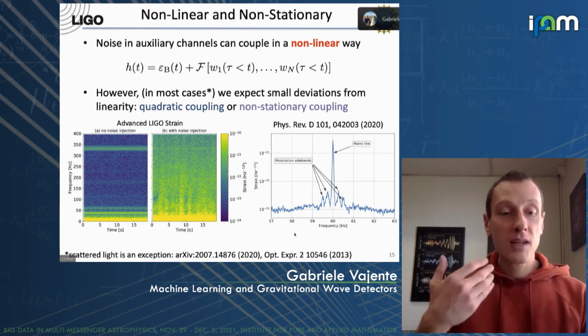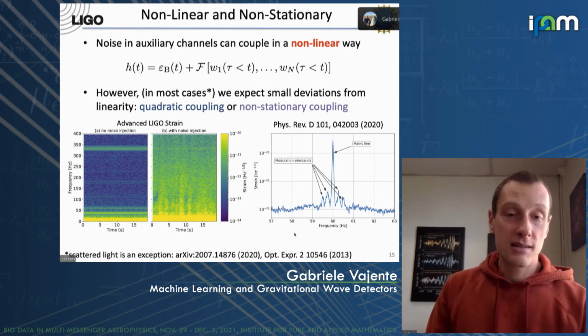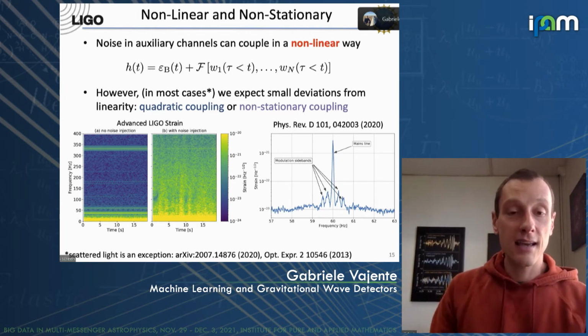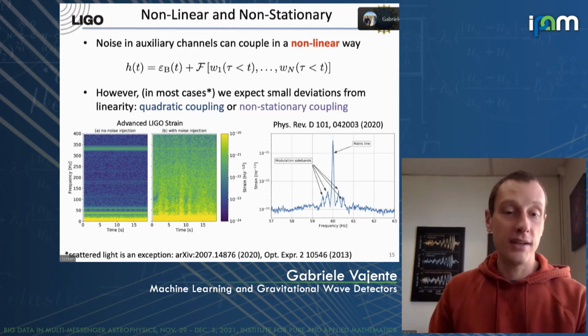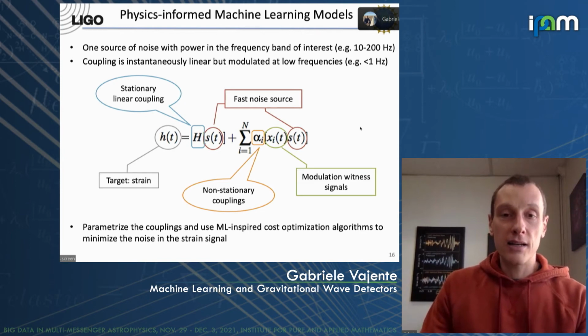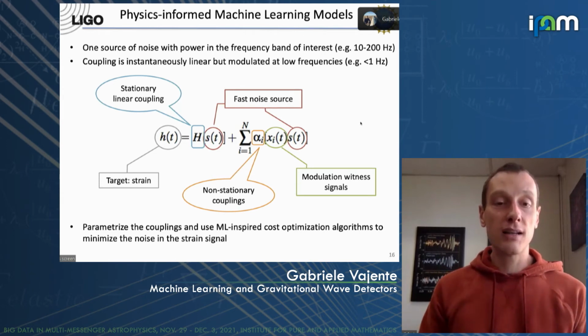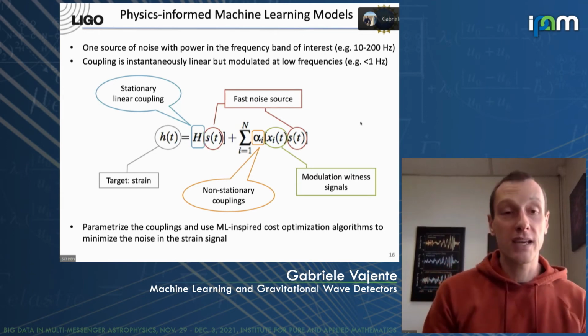So, knowing that in many cases the noise couples in a non-stationary way like this, how can we try to tackle this? The idea is that, instead of trying to solve for the most general non-stationary or non-linear behavior, we simplify and we put into our machine learning model as much physics knowledge as we can.